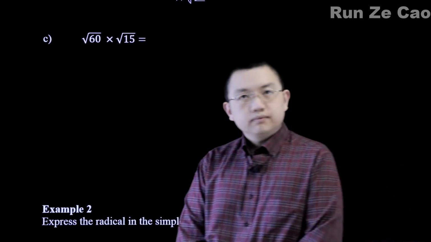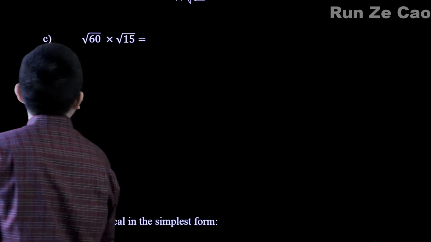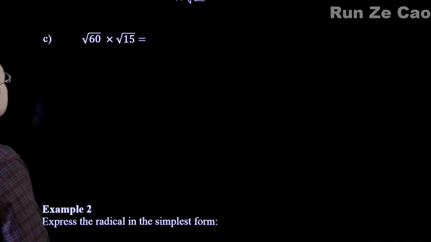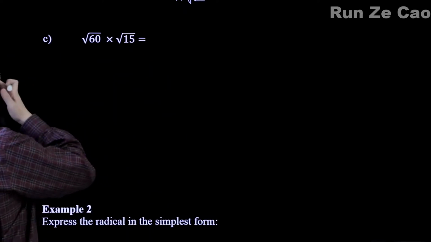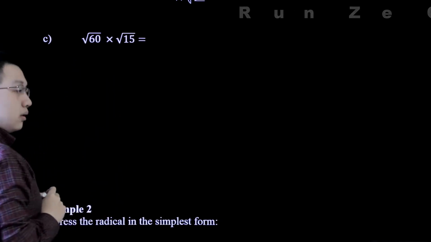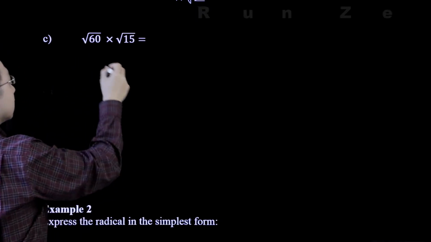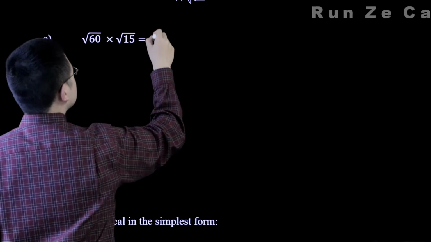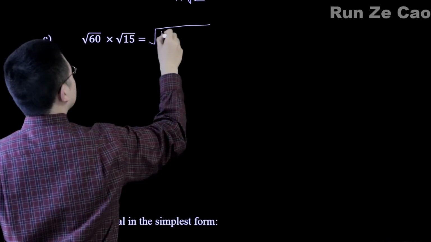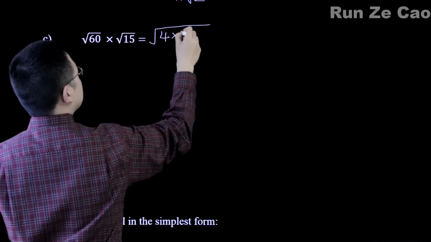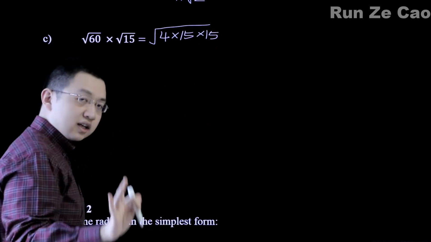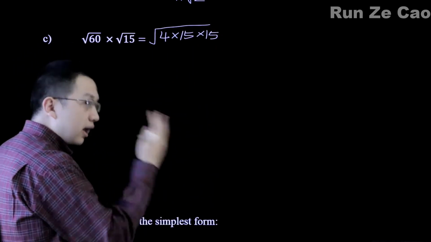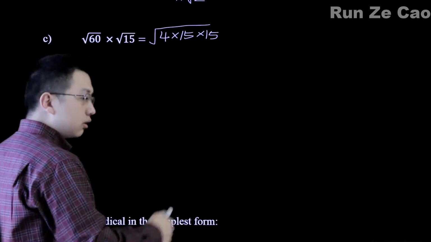So, here we have root 60 times root 15. Now, what does this equal? Well, we can see that this is equal to 4 times 15 times 15. If we aren't completely sure at a glance, we should take our time to get a good look, yes?